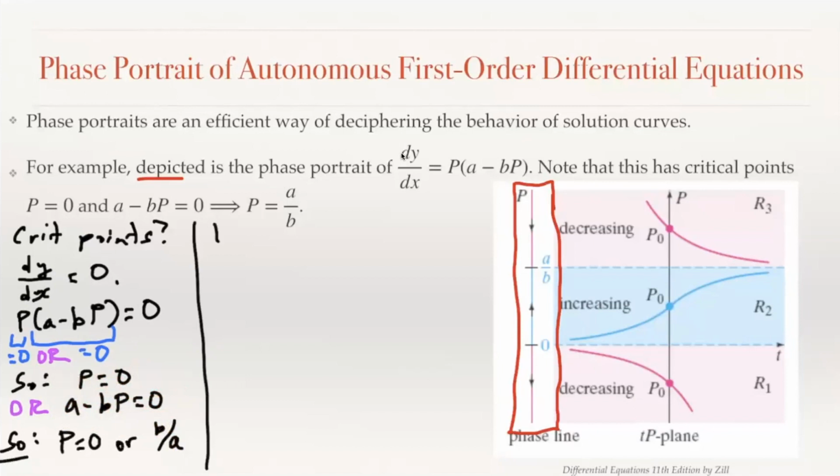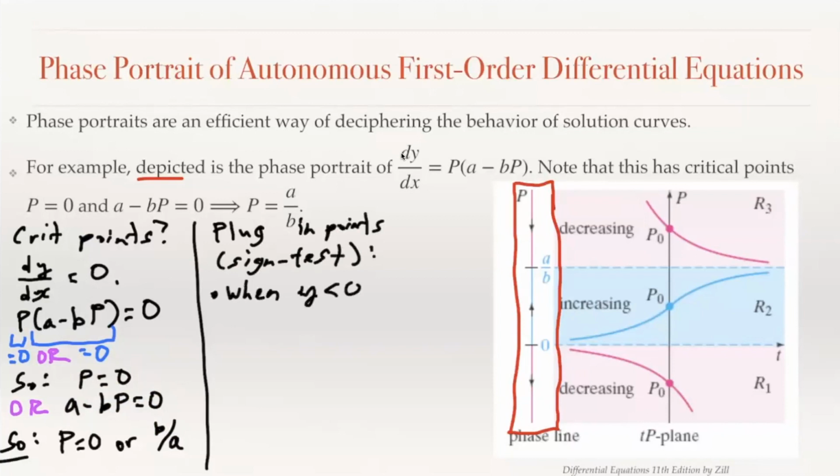And then we could plug in points. That's the sign testing part. When p is less than 0, we'll have, say, -1 times (a minus b times -1). Remember, our choice there is arbitrary. We could choose -2 if we wanted to, just any number that's less than 0 would work. Okay, but that's -1 times (a plus b).